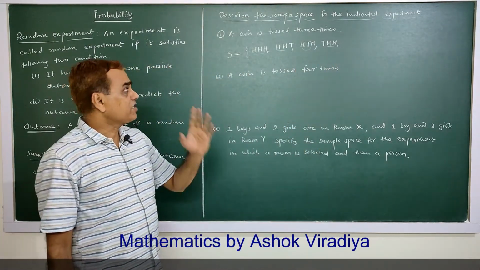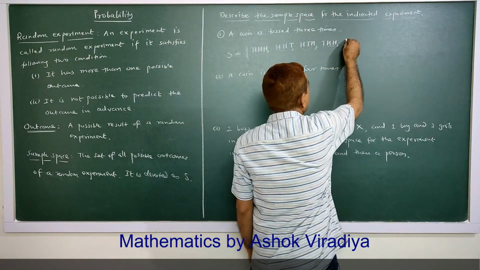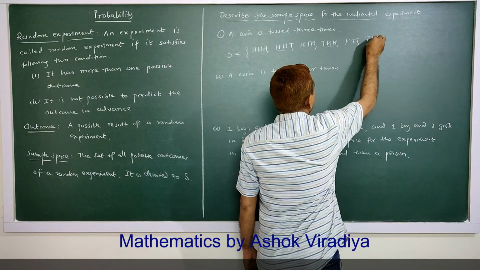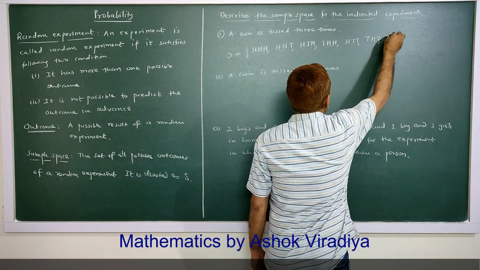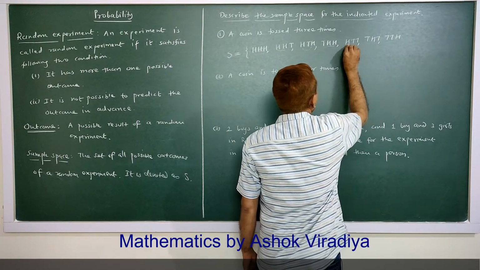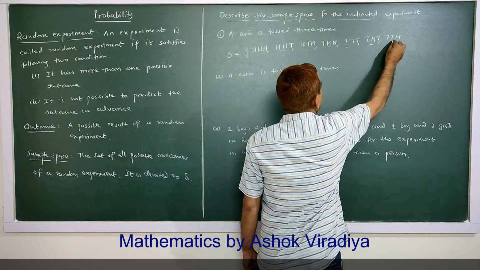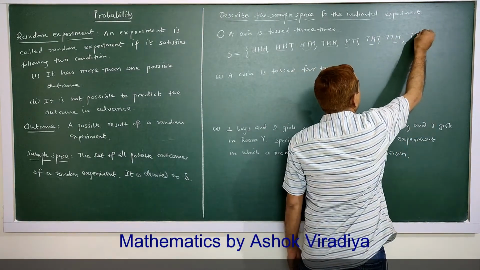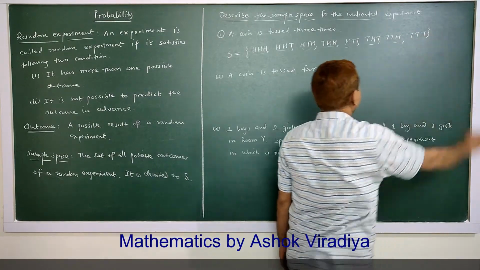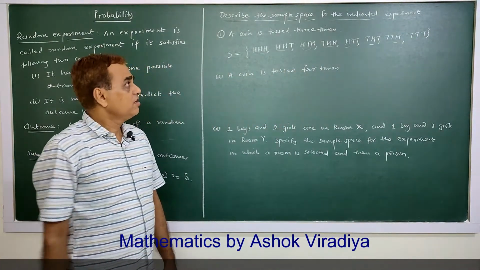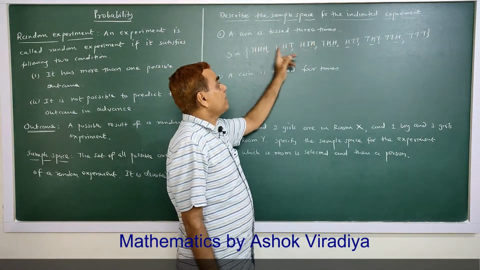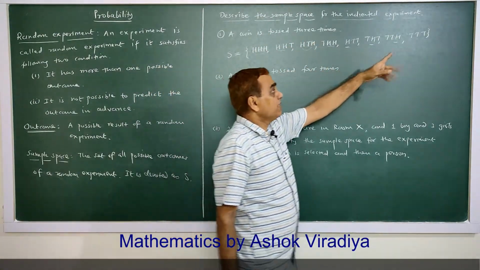Now one time H: HTT, THT, TTH. One time H means 2 times T. Now 0 times H, that is all tails: TTT. So these are the possible outcomes when a coin is tossed 3 times: 1, 2, 3, 4, 5, 6, 7, 8.